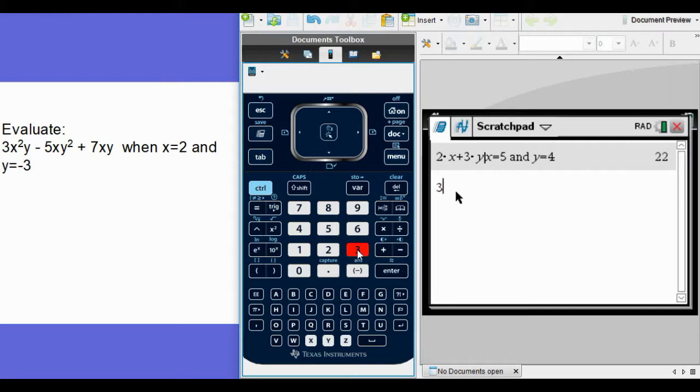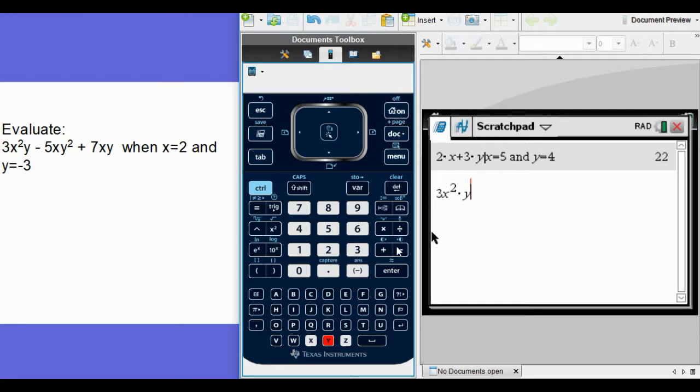So we'll type in 3x squared. And then we got letter to letter side by side, so we're going to hit times y. Cursor there was in the way.